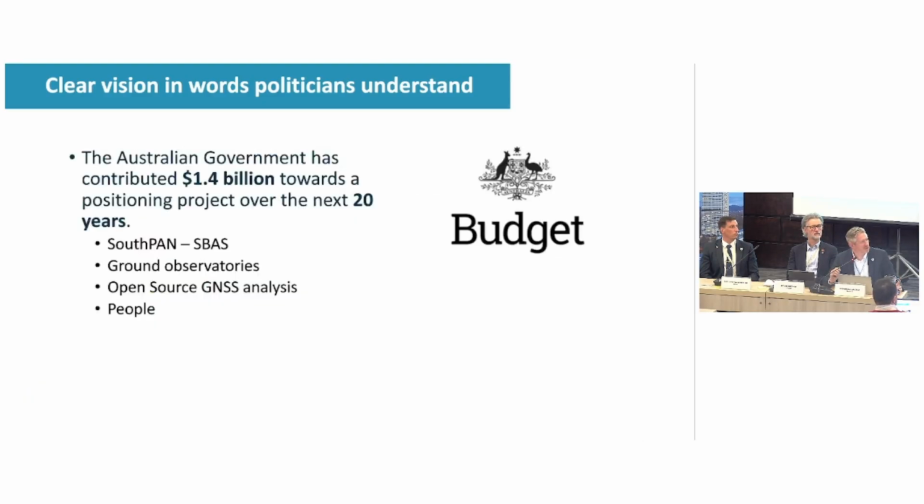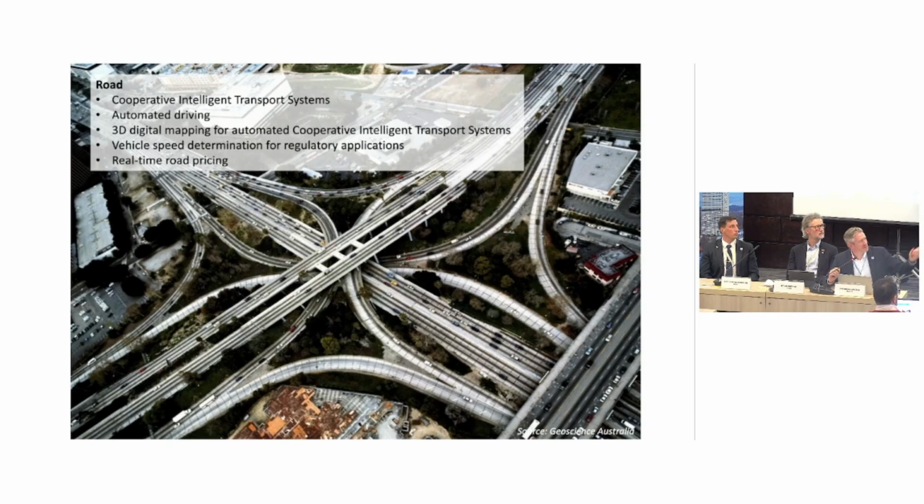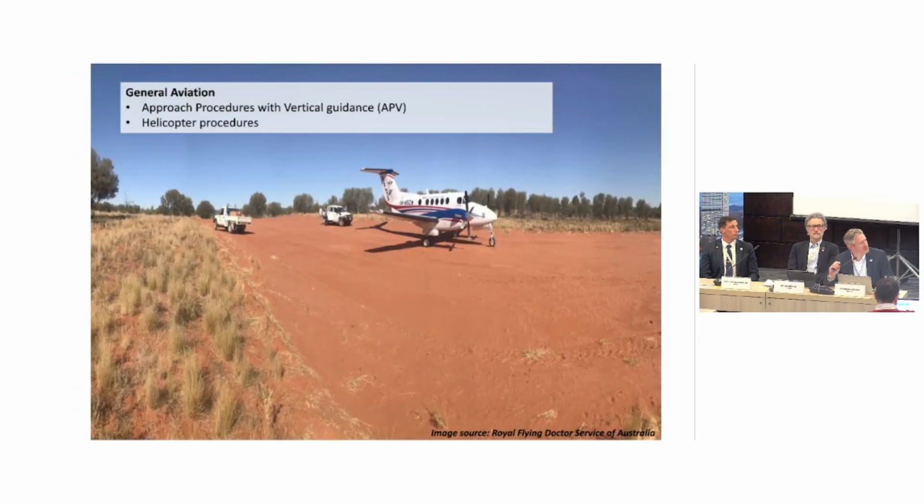And the examples that we presented to them were things like the need to have a new datum for things like intelligent transport services. There were great use cases about having improved positioning technology in remote parts of Australia to make sure that particularly small aircraft like this could land in remote areas where people needed health services.